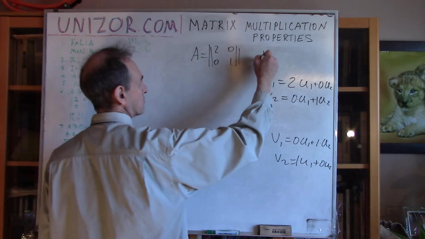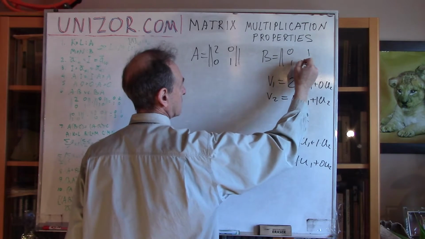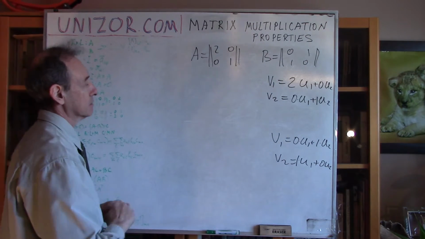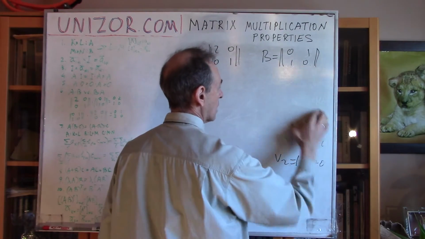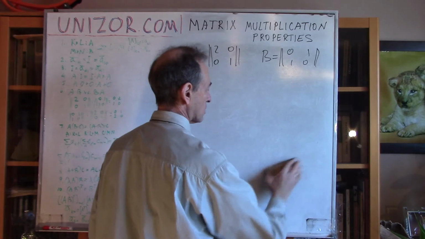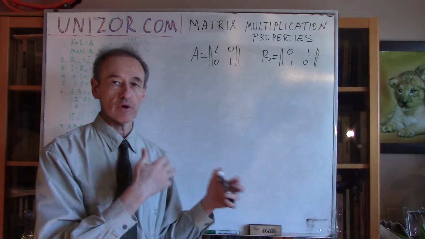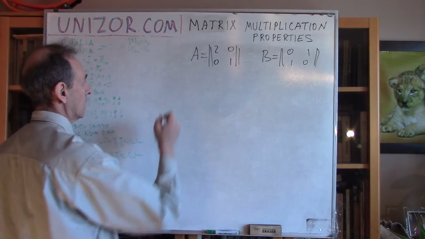So this matrix B is equal to 0, 1, 1, 0. All right? Okay, great. Now let's multiply, according to the rules of matrix multiplication. So now we will check with algebra our geometric intuition.